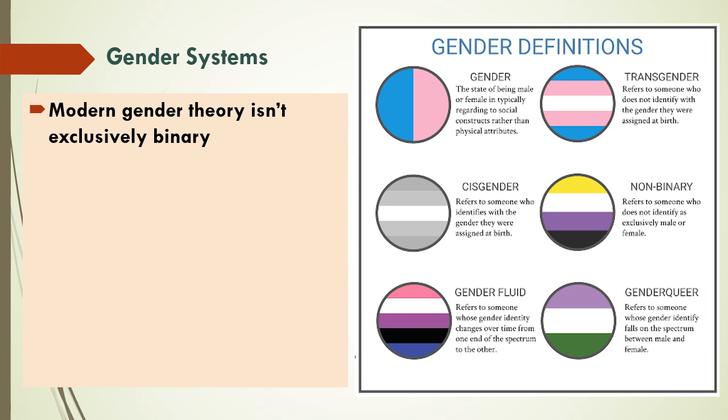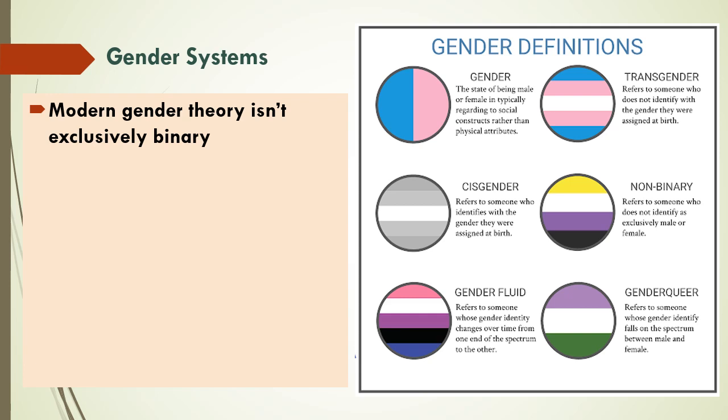Non-binary is someone who does not accept that you have to be either male or female. You don't have to identify on either side of the gender binary. Gender fluid means that your identity can change over time and move from one end of the spectrum to another.